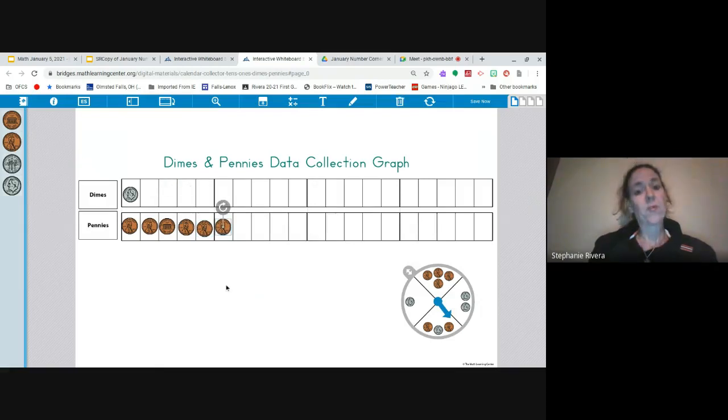Okay, so we have a spin for January 4th and a spin for January 5th. Here's our spin for January 3rd. Ooh, 2 dimes. January 2nd. Ooh, pennies again.